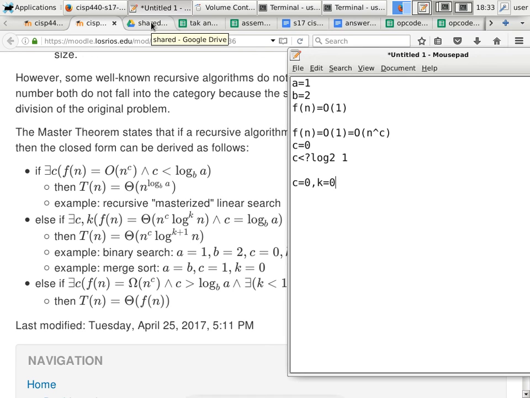Come on, you guys, you just looked at it before. Yes, it does. Very good. So c does equal log base b of a, because b is 2, but it doesn't even matter because a is 1. It doesn't matter what the base is: log of 1 is always 0, and c is 0 as well. So we have a condition match here.